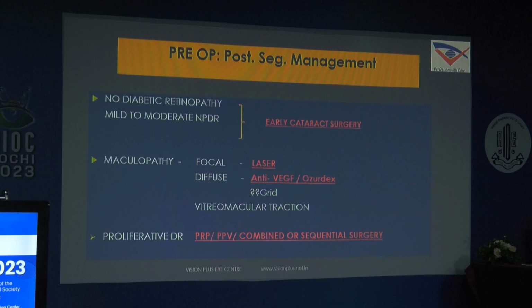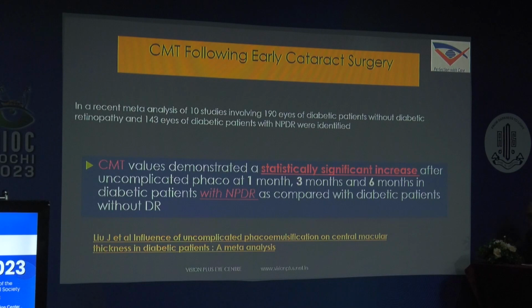And in PDR cases, you often have to do a combined surgery, or you may do cataract surgery with an anti-VEGF initially and then follow it up with a vitrectomy. Now, studies have shown a significant increase in macular thickness even after uncomplicated phaco, at 1, 3, and 6 months.